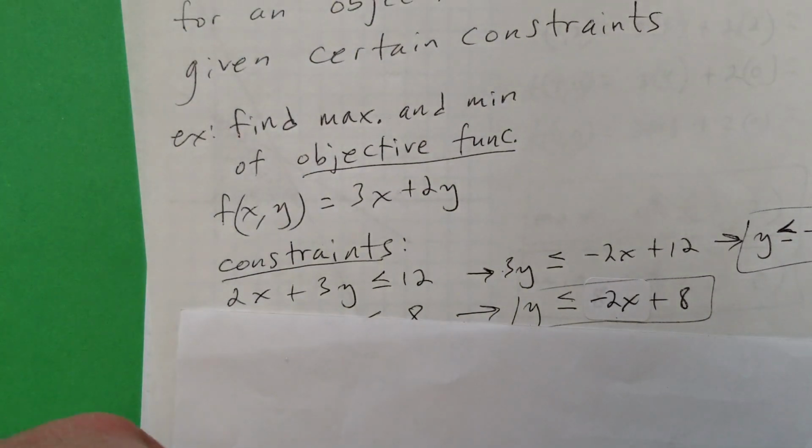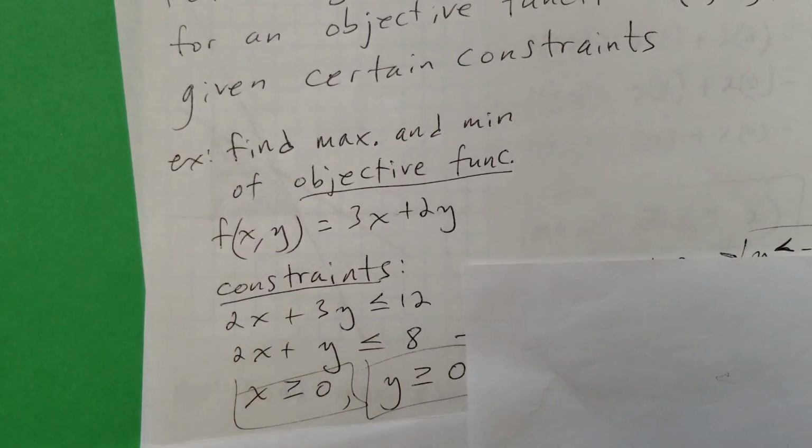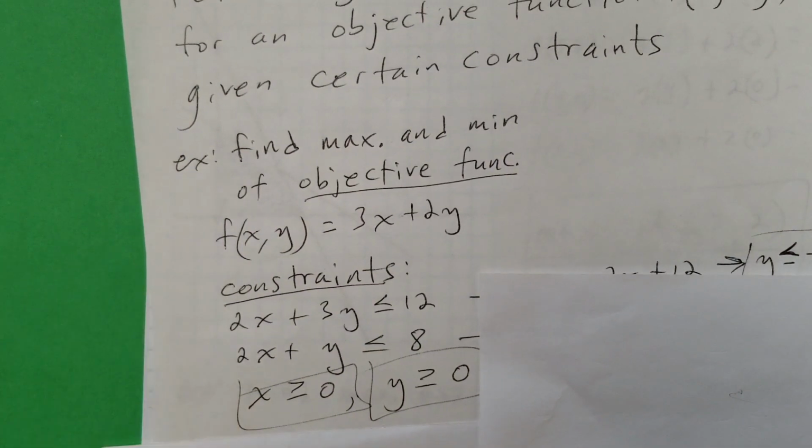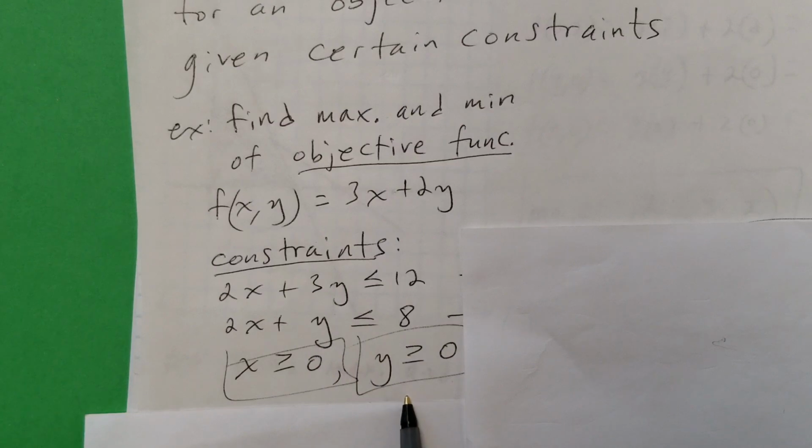So the constraints are these lines. If you look at the constraints, this is some line, this is some line, this is another line, and another line. So if we graph these lines, we'll see that it forms a closed shape.